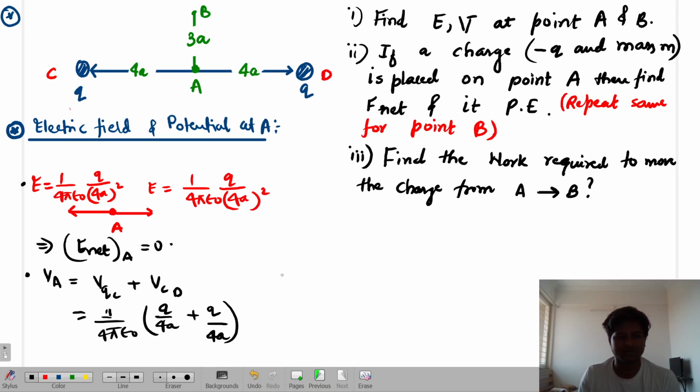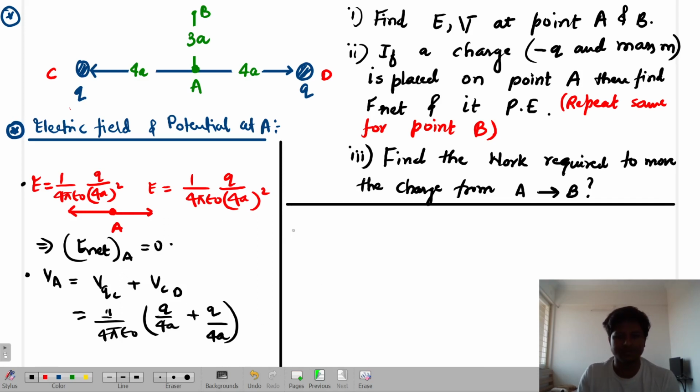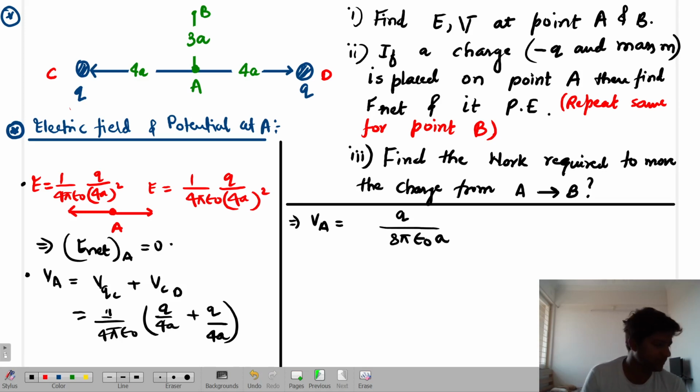Right or not? So this implies potential at A is equal to twice Q by 4 pi epsilon naught into 4a, that is Q by 8 pi epsilon naught a. This is going to be my potential at A. Are you able to get me or not?